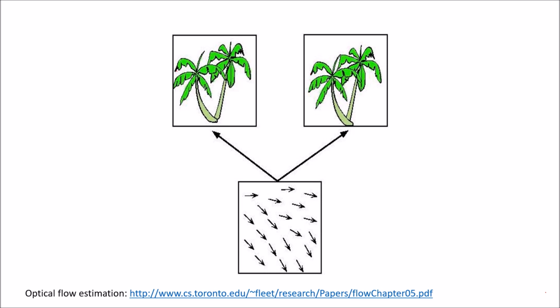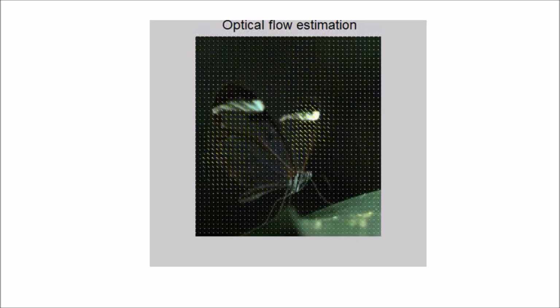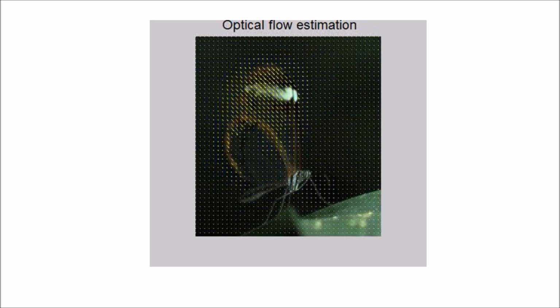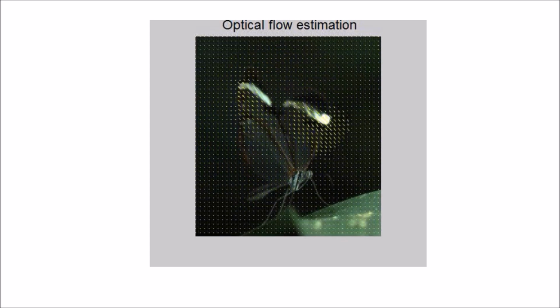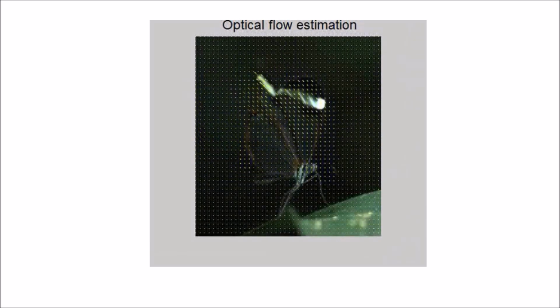And the change, how this point moved from the first image to the second image, can be represented via a vector. This is what the optic flow in the abstract sense means. This video shows you how an optic flow field looks like. The arrows indicate how points move in the video from frame to frame.